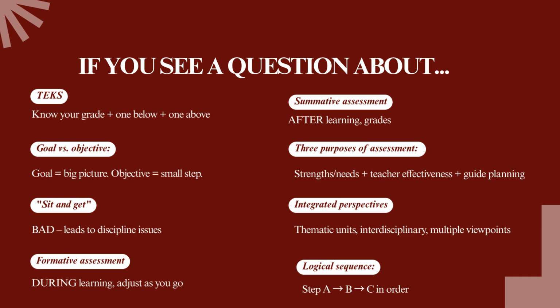If you see a question about, for example, TEKS, know your grade plus one below and one above. If you see a question about goals and objectives, goal means big picture and objective means small steps. If you see a question about sit and get, bad, it's really bad, leads to discipline issues.